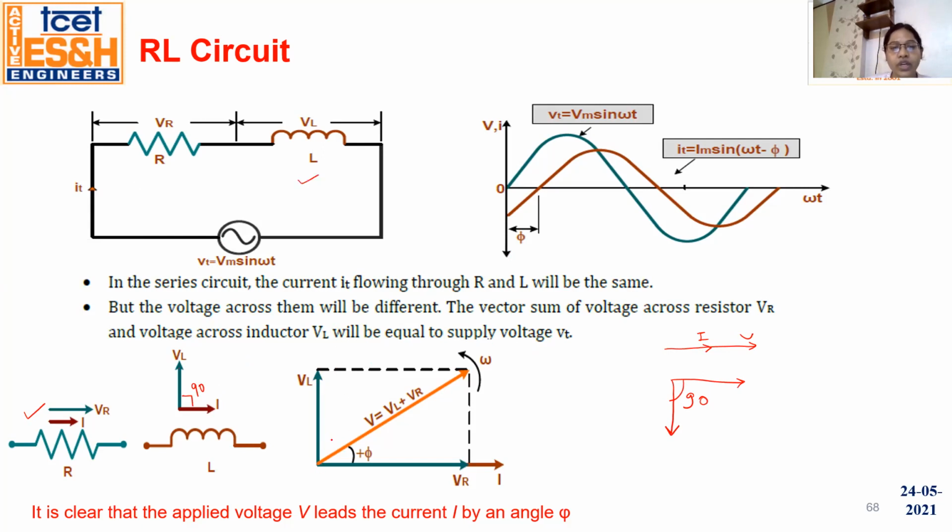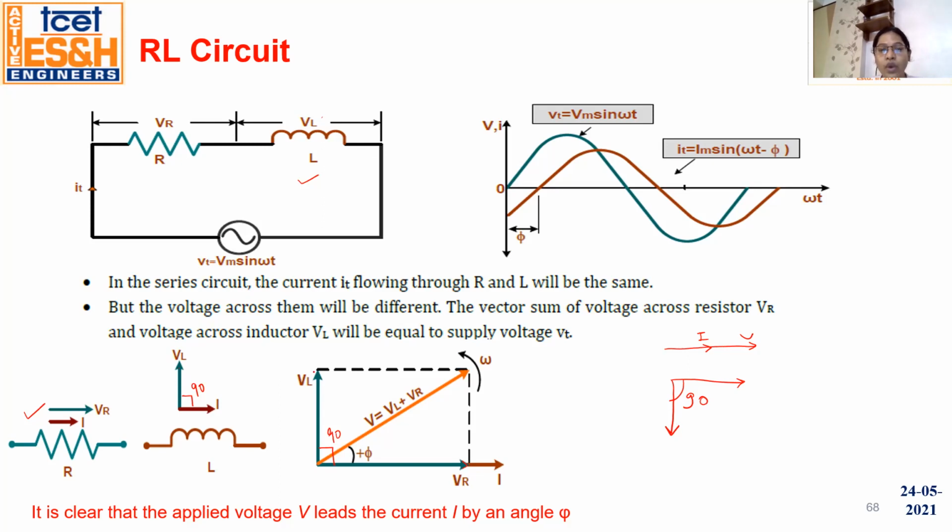We will get the voltage triangle like this. This is the VR. It is in the same phase as I and this is the VL. This is directly leading by 90 degrees from the I. So these are the two voltages present in the circuit, and the vector sum of this VR and VL gives the total supply voltage.